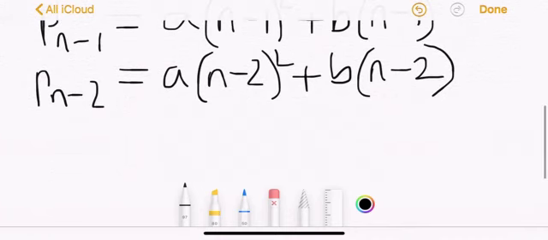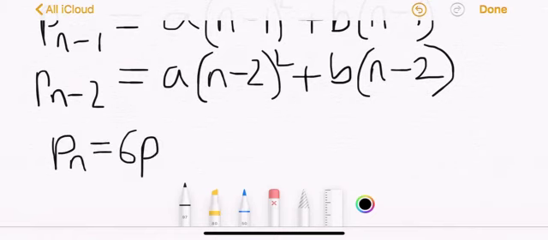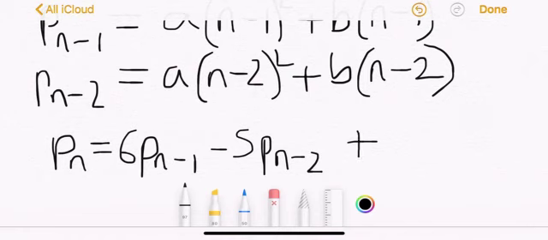So we're putting that into the relationship P_n equals 6P_{n-1} minus 5P_{n-2} plus 8n. So what do we get?